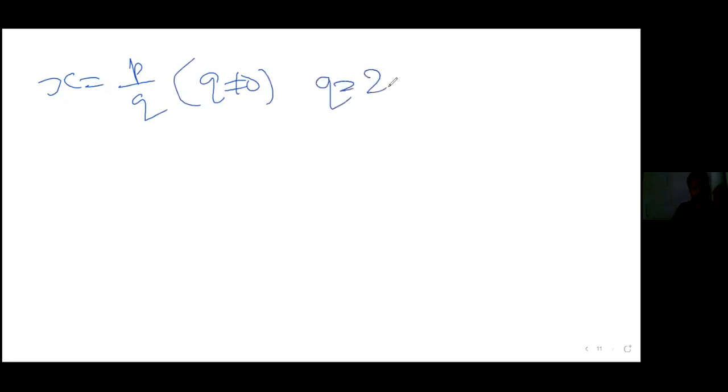So these theorems give us a statement that if x is a rational number of the form p by q, where q is non-zero, and if q factorizes in the form of 2 to the power n, 5 to the power m, then such decimal expansion terminates.